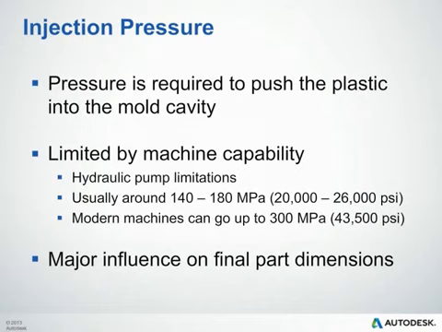Usually we're looking around 140 to 180 megapascals, or 20 to 26,000 psi. Some modern machines can go as high as 300 megapascals, or almost 44,000 psi. This can have a big influence on your final part dimensions and will ultimately let you know if you can produce this part in your machine, so it is important to be aware of this.